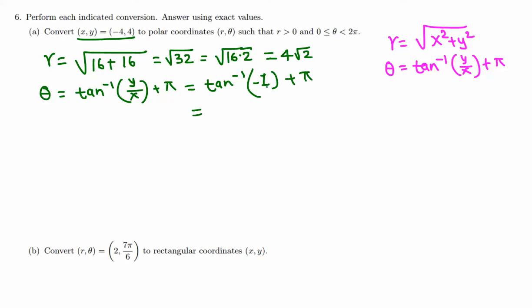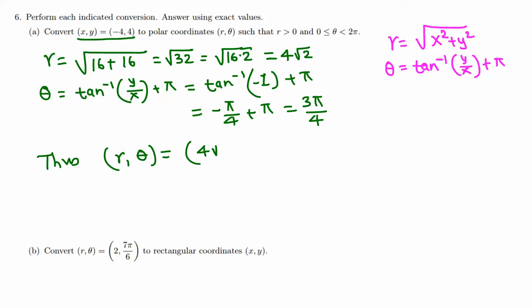Tangent inverse of 1 is 45 degrees, that's pi over 4, and it's negative, so negative pi over 4 plus pi. 1 pi minus 1/4 pi is 3/4 pi, 3 pi over 4. Thus the corresponding polar coordinates for (-4, 4) are (4 root 2, 3 pi over 4).